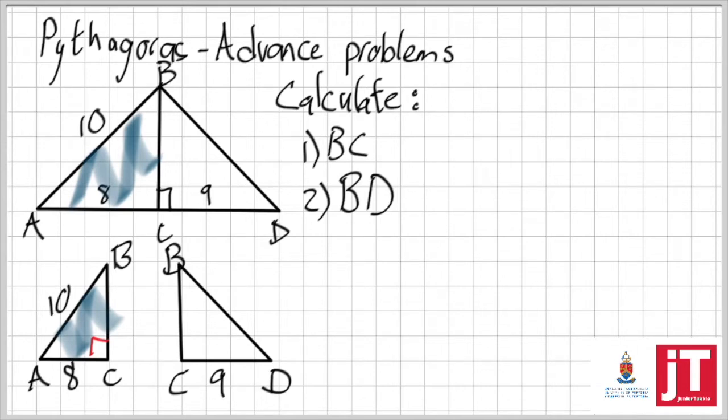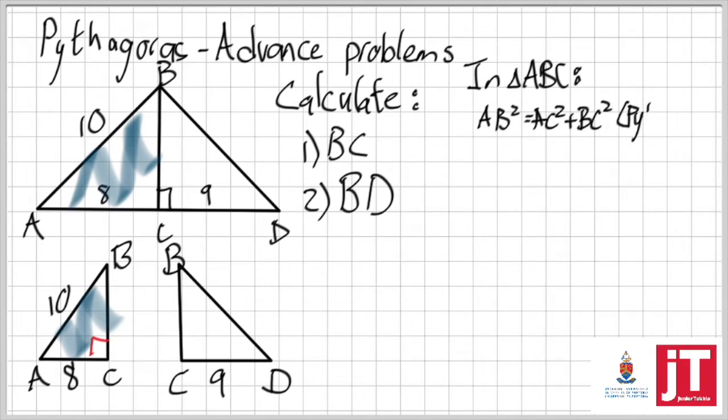In this case, the one with the most information is actually triangle ABC. If I look at triangle ABC, I can apply the theorem of Pythagoras because I've got a 90 degree in there. I can actually also put a 90 degrees in triangle BCD.